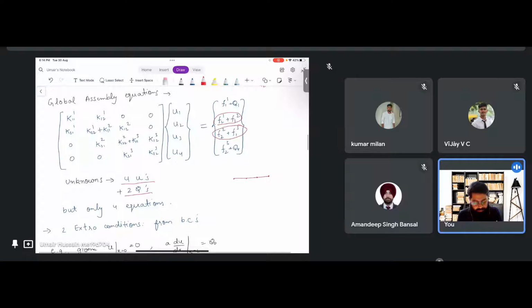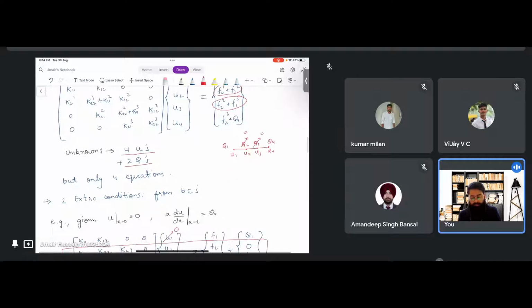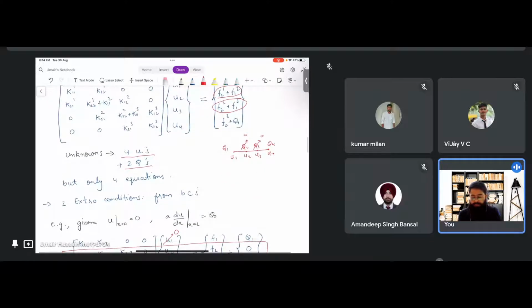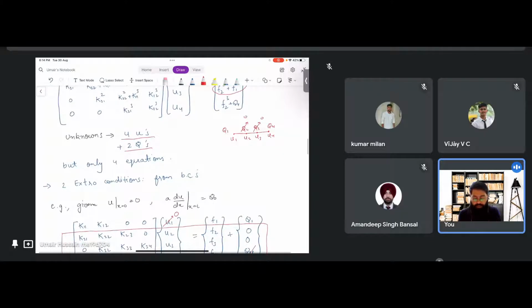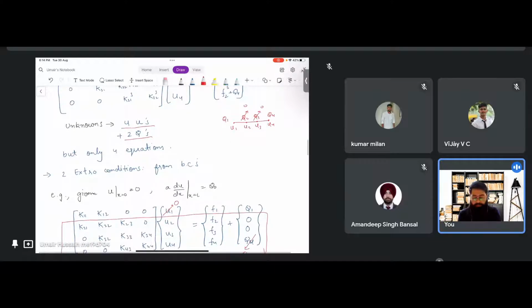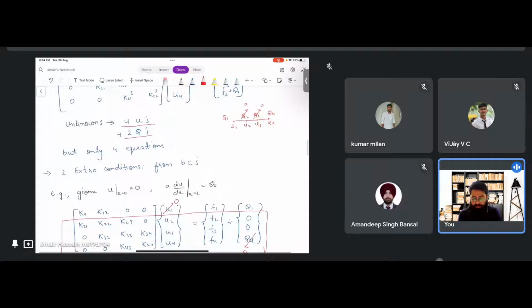We have u1, u2, u3 coming up here, and q1, q2, q3, q4. Based on the problem, if there are no point loads assigned inside, we know these terms are zero. But we are left with six unknowns and we have four equations, right? So to solve this problem, we need boundary conditions. That is why boundary conditions are necessary to solve any problem. Otherwise, we don't have a definite solution for the given equations.